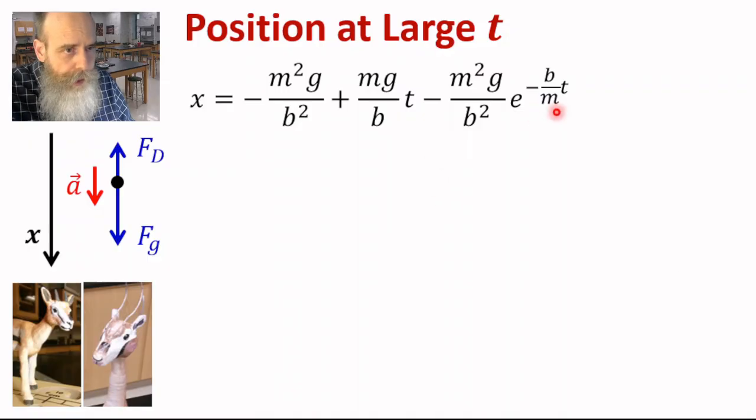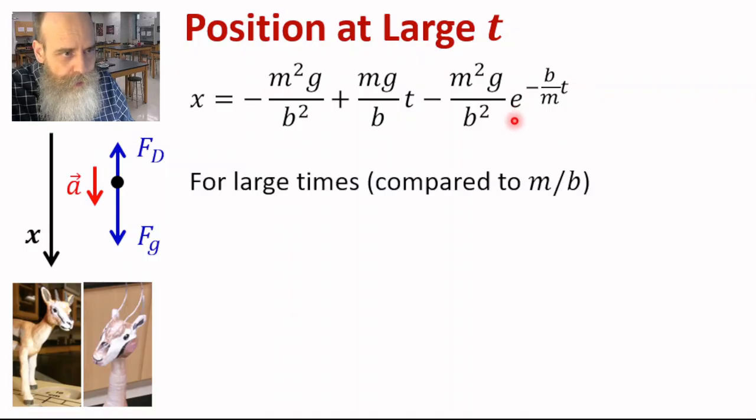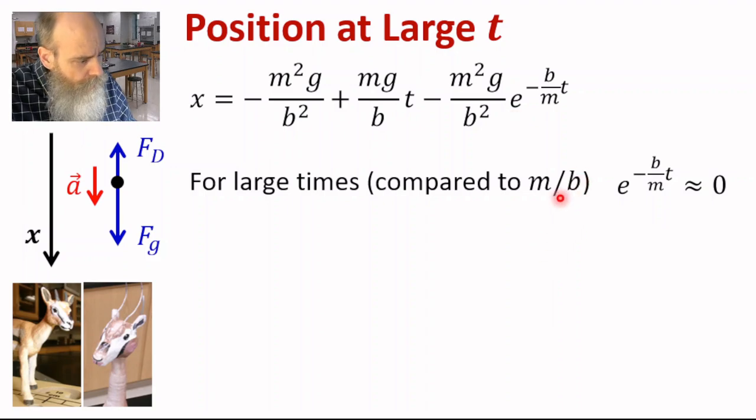At large times, when t becomes much larger than m over b, this exponential function becomes 0. And so we get rid of this term; it goes away.